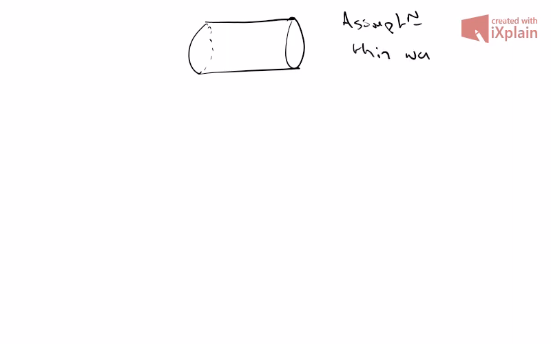Hi, going to make a brief pen cast on proving that the hoop stress is twice the axial stress. So for example, if we take a tin can, we're going to make the assumption that this is a thin wall section. That's important.